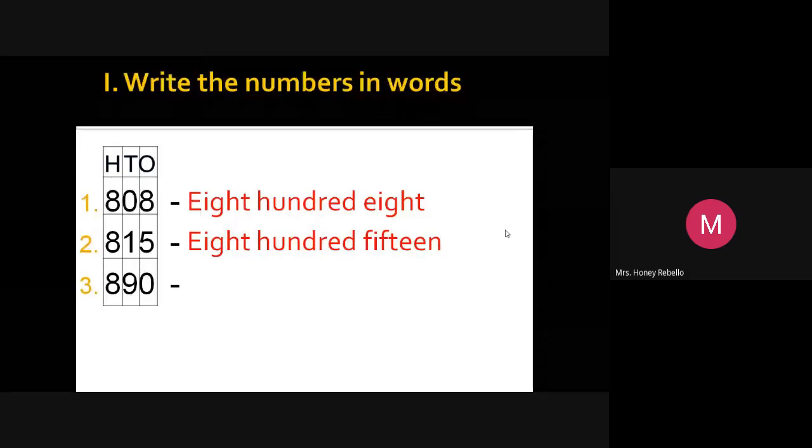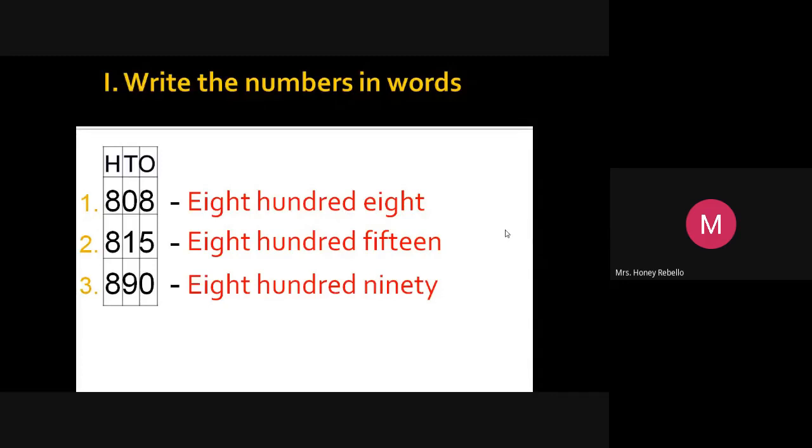EIGHT. HUNDRED. NINETY. Now when you write the numbers, you have to write just above that line.